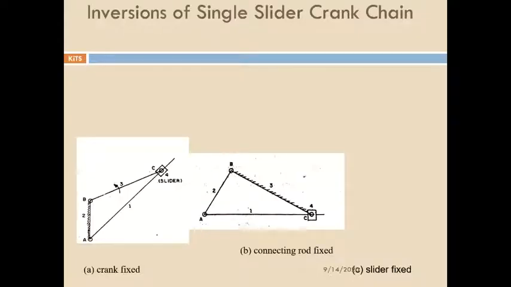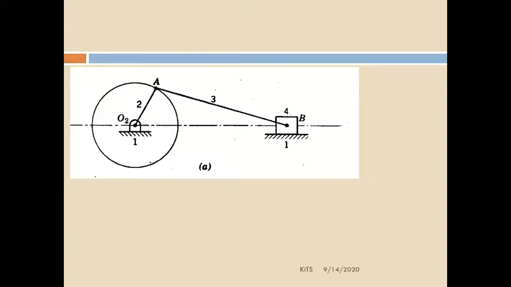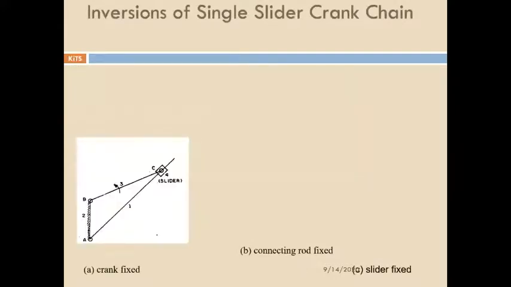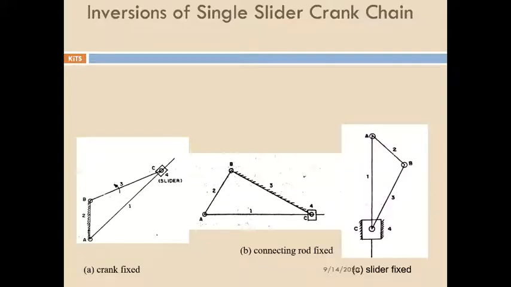Let us see a few inversions. In case A, instead of link 1, link 2, the crank, is fixed. Crank is fixed, so this is an inversion. Here the connecting rod is fixed, this is also called an inversion.